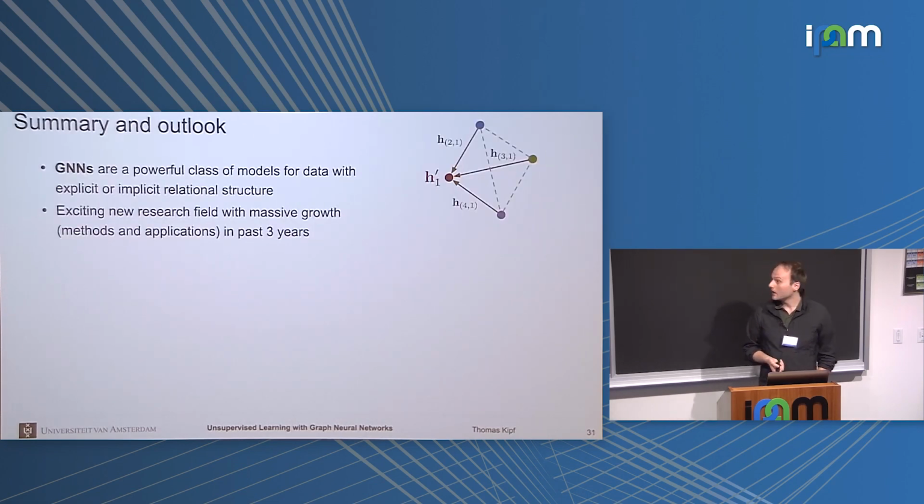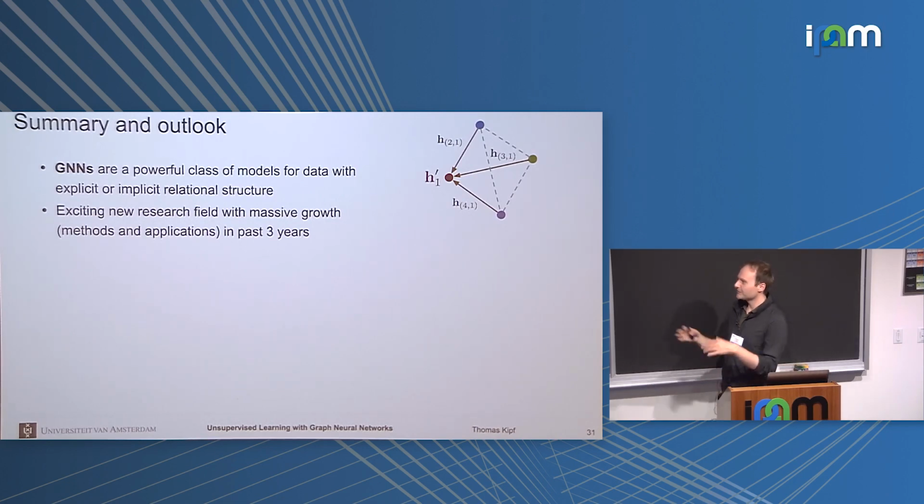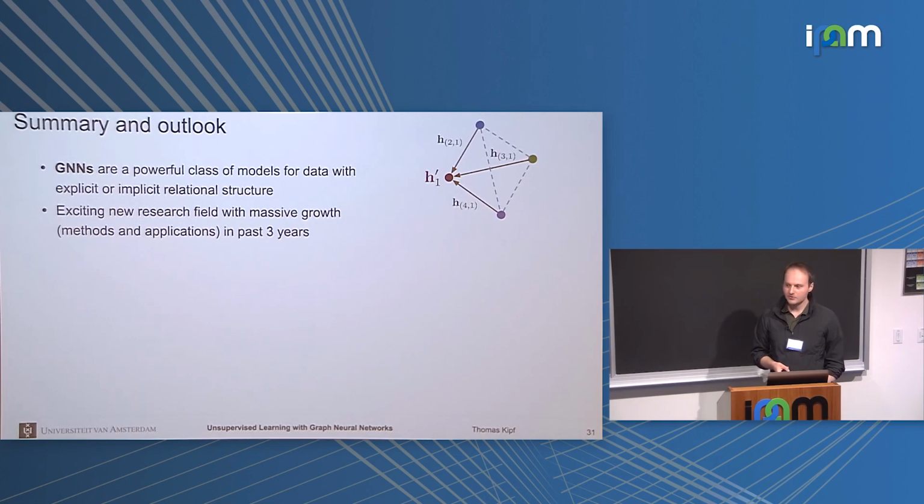So to conclude, to summarize the graph neural network field in a few sentences, I think graph neural networks have recently come out as a very powerful class of models for data with explicit or even implicit relational or graph structure. And in the last 3 years or so, there has been massive growth in this research field.